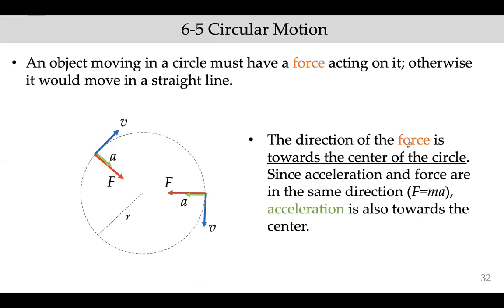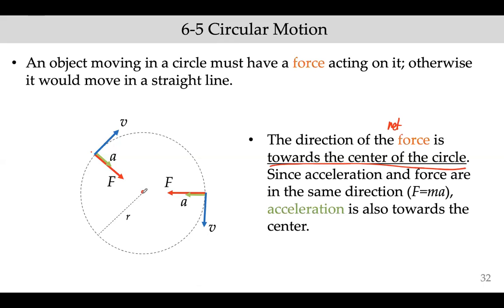The direction of the net force is towards the center. There may be other forces, maybe in other directions, but if you find the total force or net force, it should point towards the center.